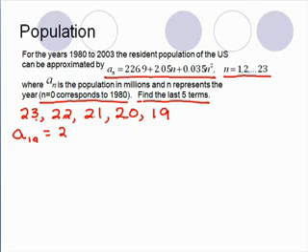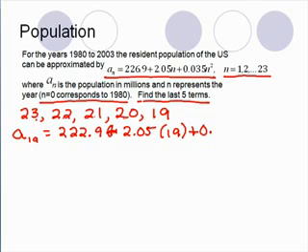And you get 226.9 plus 2.05 times 19 plus 0.035 times 19 squared. And if you put that in your calculator, you'll get about 278.5, and that's the population in 1999.